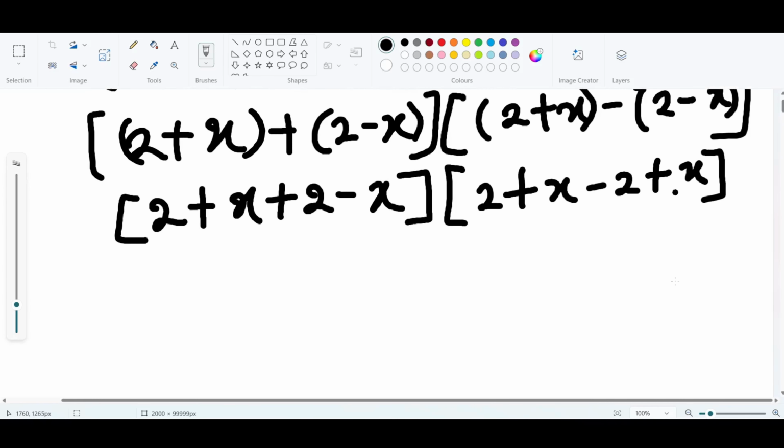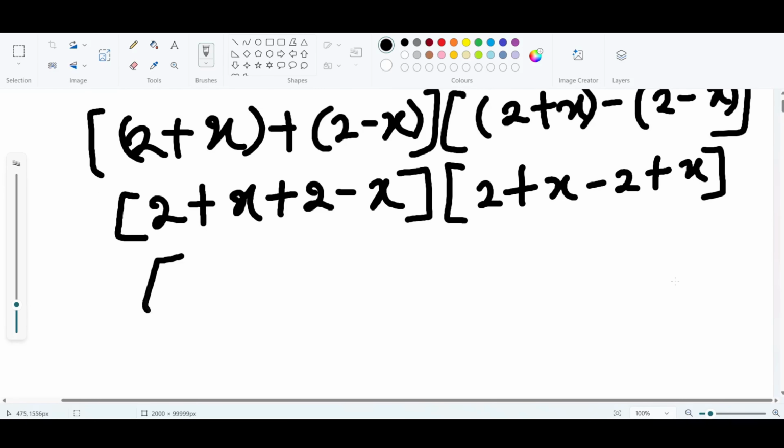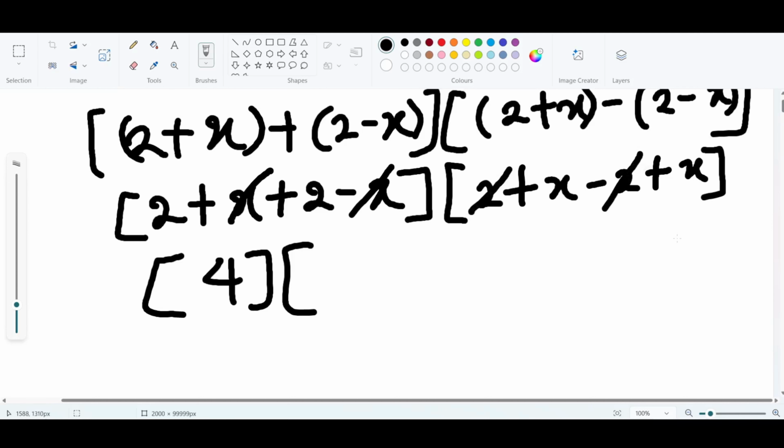At this point, when some expressions can cancel out, like in the case of plus x and minus x, we cancel them. So we are left with 2 plus 2, which is 4. In the case of the second one, plus 2 and minus 2 can cancel.